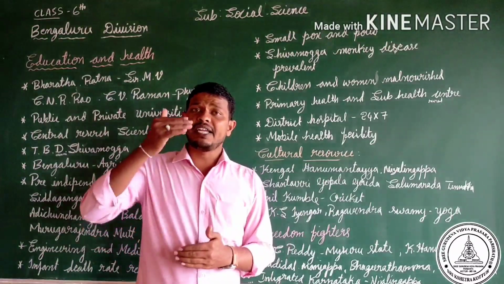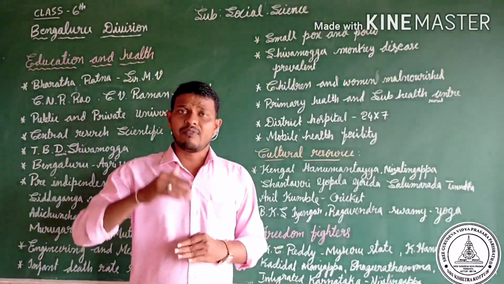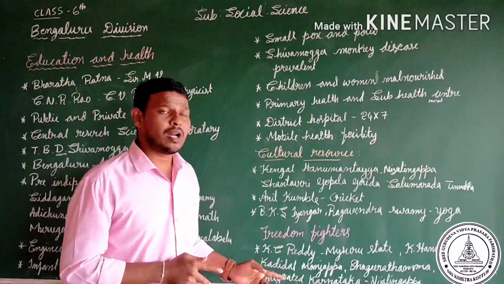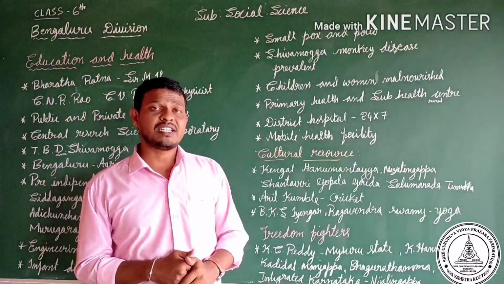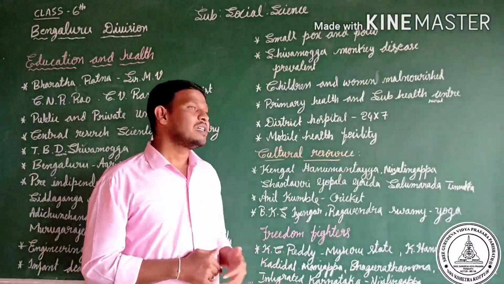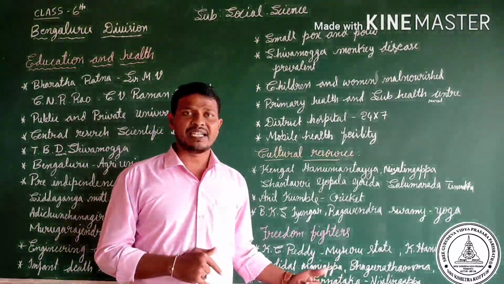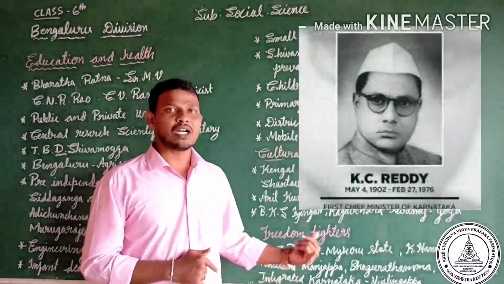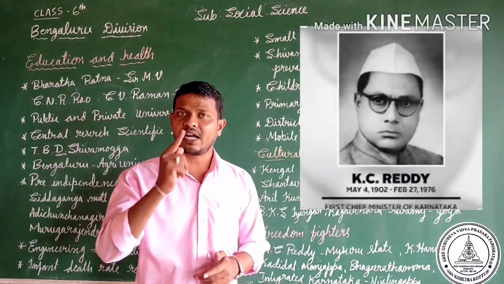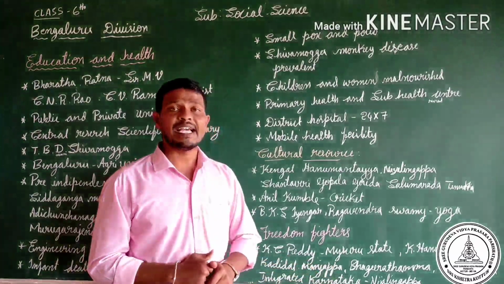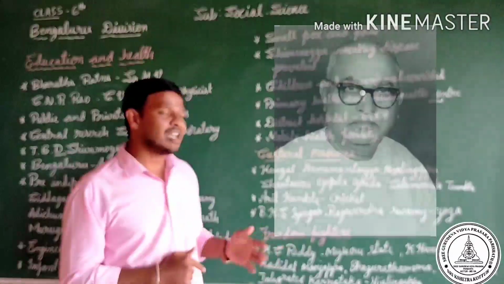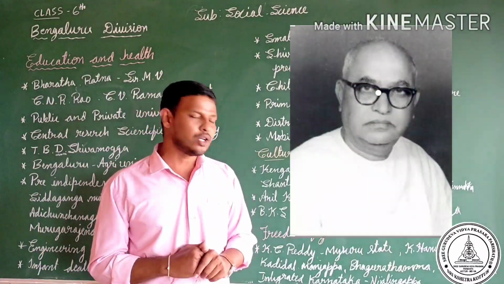When Karnataka was integrated, the chief minister was Nijalingappa. So if asked who was the chief minister of Mysuru state, our answer is KC Reddy, and who was the chief minister of integrated Karnataka, our answer is S. Nijalingappa. Like that, these are the persons who contributed to Bengaluru division.